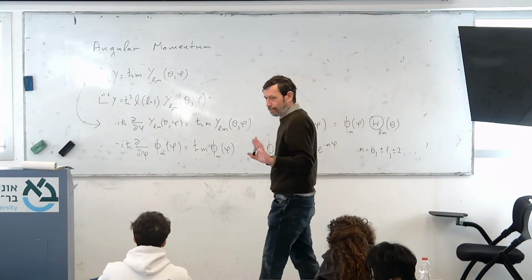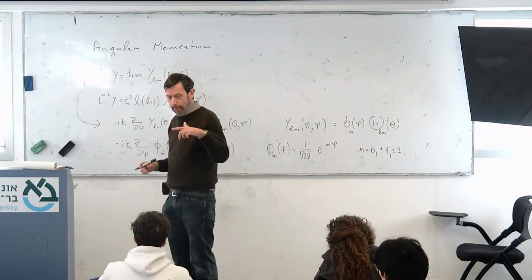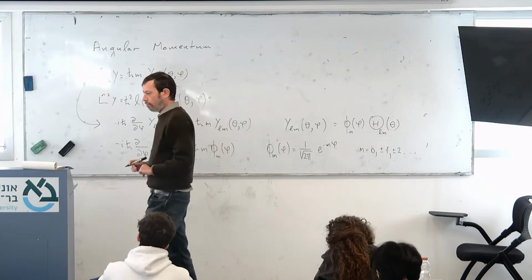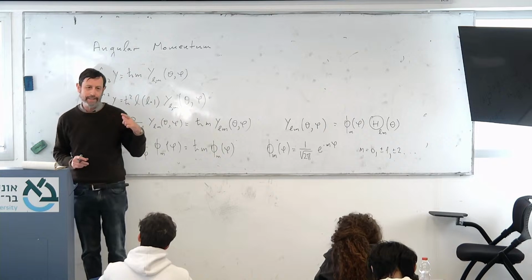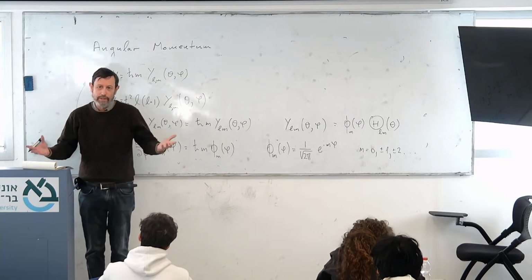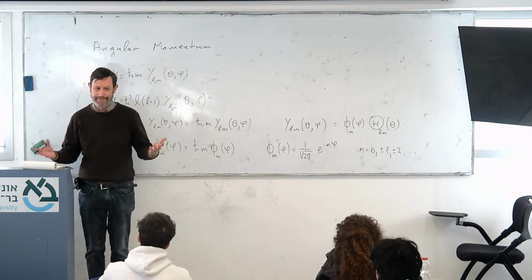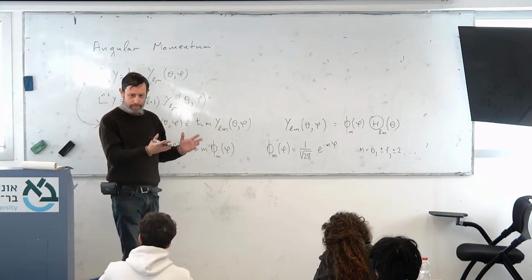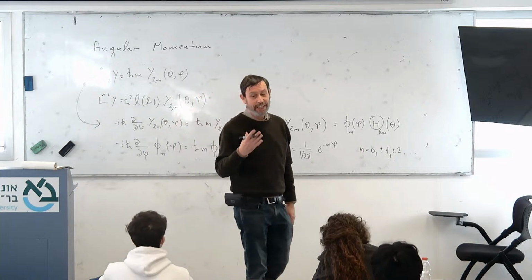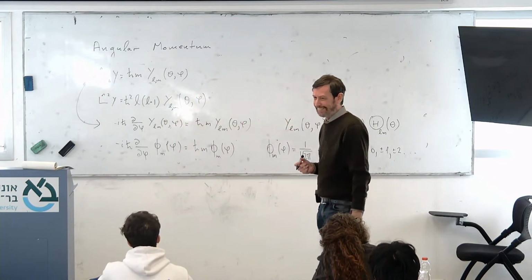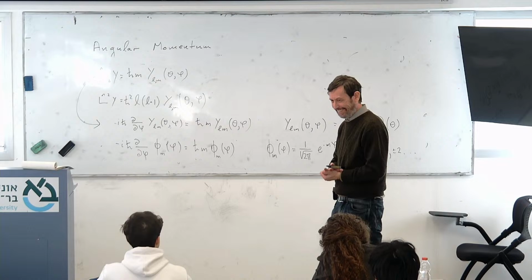You remember that for a harmonic oscillator, we could know the eigenvalues without really knowing the eigenvectors. The eigenvectors were complicated, the Hermite polynomials. Here they will be the generalized Legendre functions, a bit more complicated.